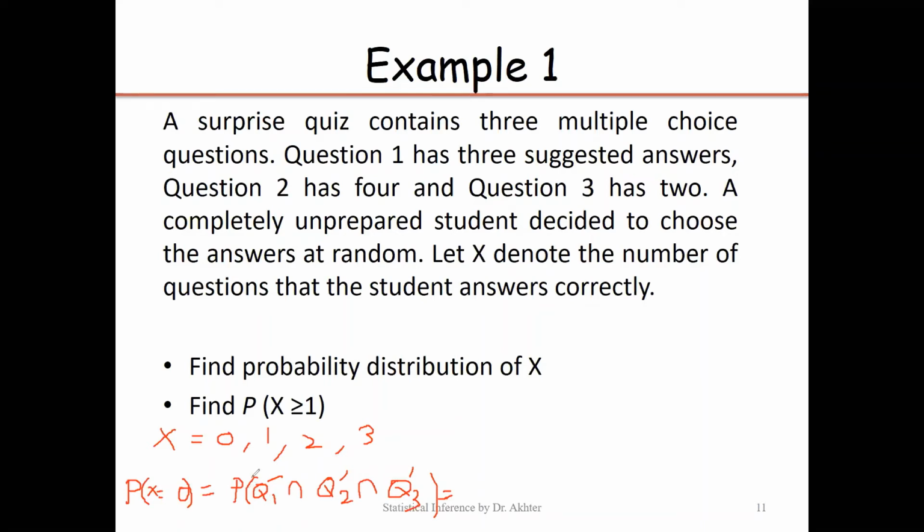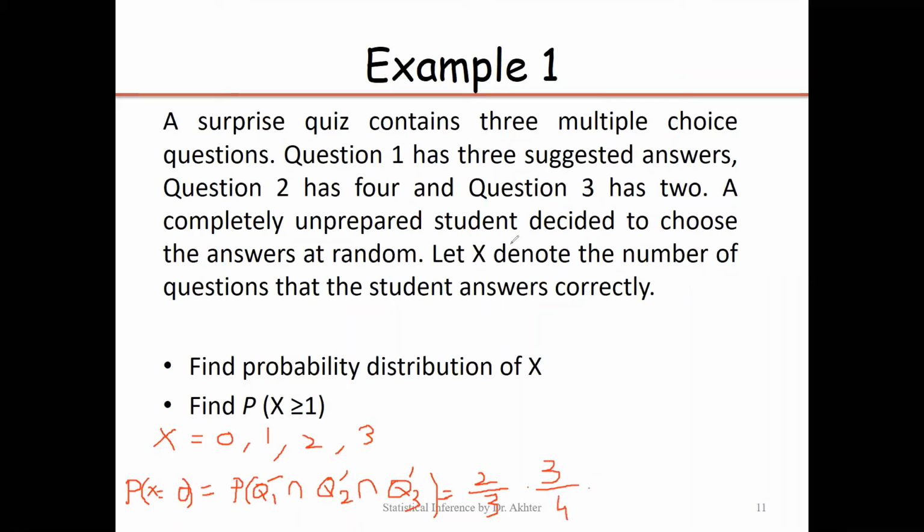What is the probability of doing question number 1 incorrectly? This is 2 by 3, because one answer is correct and two are incorrect. Probability of doing question number 2 incorrectly is 3 by 4, because it has 4 choices, out of which 3 are incorrect, 1 is correct.